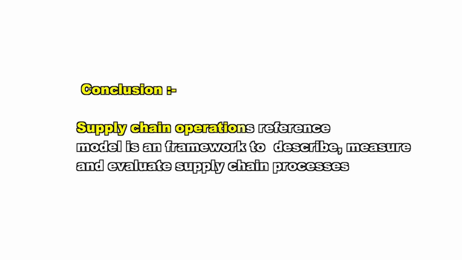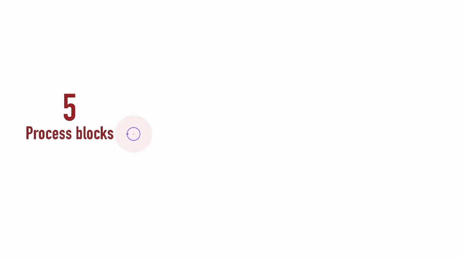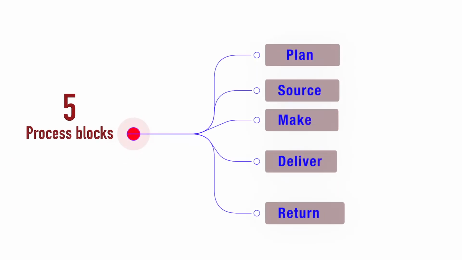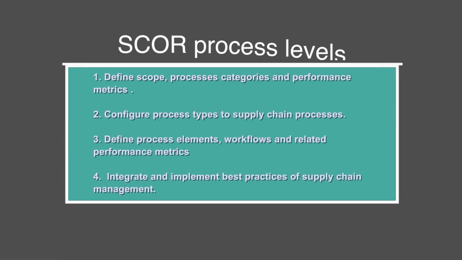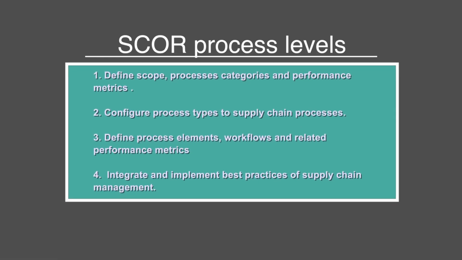To sum up, the Supply Chain Operations Reference Model is a framework to describe, measure and evaluate supply chain processes. The major elements of the SCOR model are process blocks: plan, source, make, deliver and return. Process levels: define scope, process categories and performance metrics.